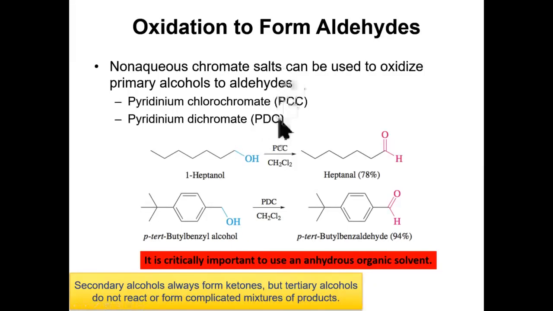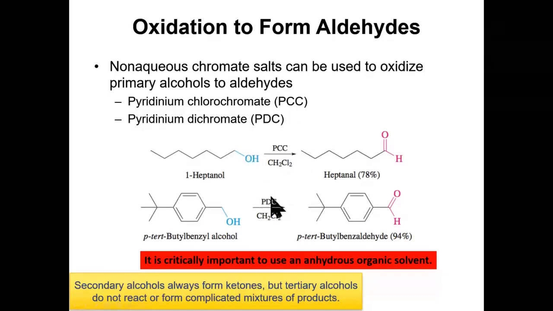The common feature of those two oxidants is that both of them are organified chromium 6 species, so those two can be soluble in organic solvent. The most commonly used solvent for this kind of reaction is dichloromethane. The PCC and the PDC pretty much serve the same purpose: basically, oxidize the primary alcohol to aldehyde.